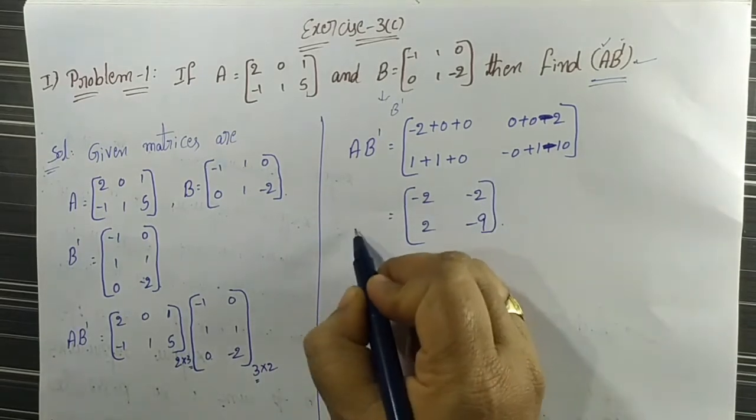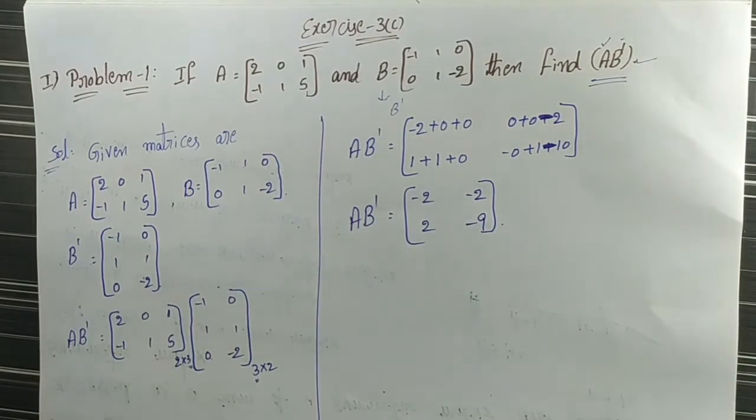This is the AB' value. This is the first problem solution. Next we will go to the second problem in the same section.